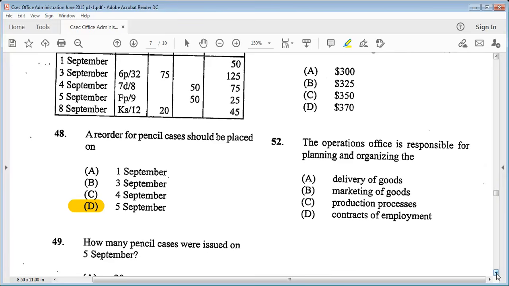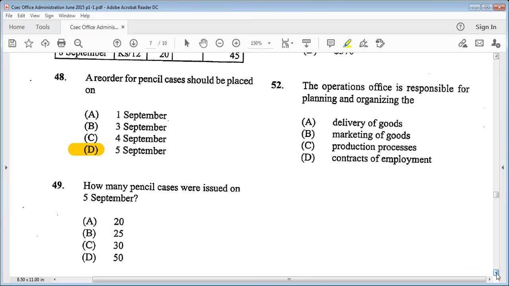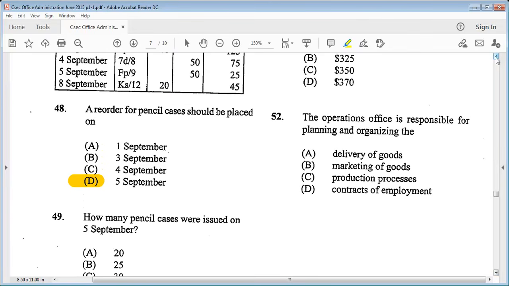So 49 says, how many pencil cases were issued on the 5th of September? We know it was on the 5th of September, 50 went out.